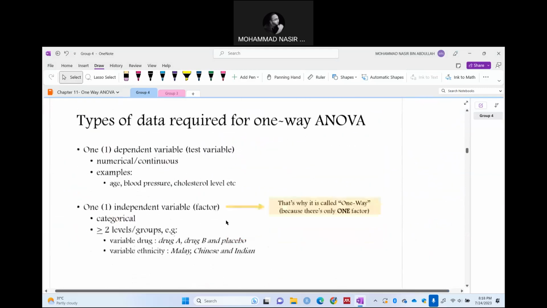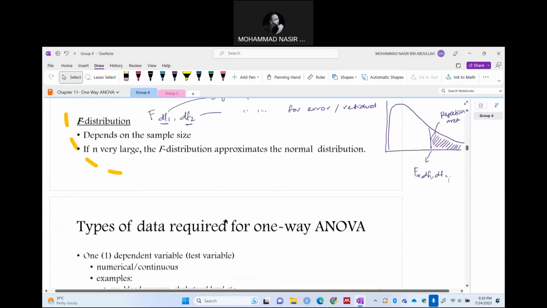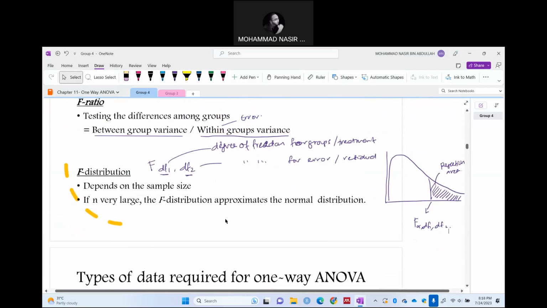But the purpose of one-way ANOVA in this subject is different compared to the previous chapter. In the previous chapter we wanted to know whether the model is fit for prediction for multiple linear regression and simple linear regression. But in this topic, we want to know whether there is any significant difference between these groups, group 1, 2, 3, or 4.